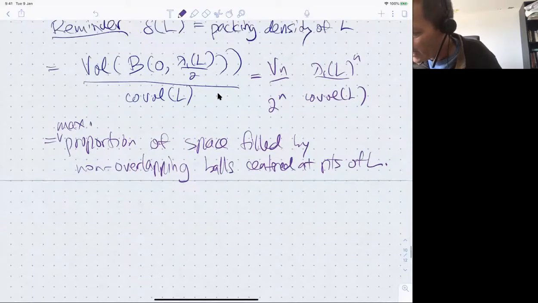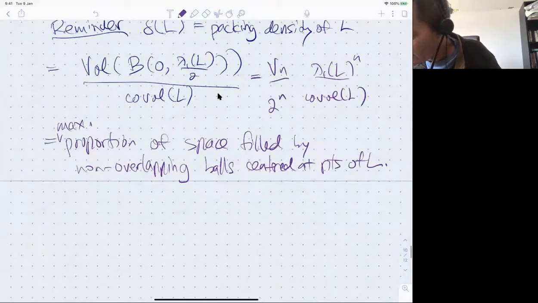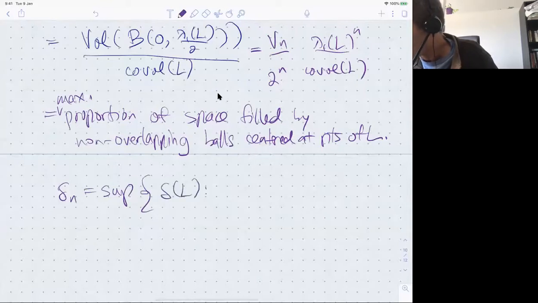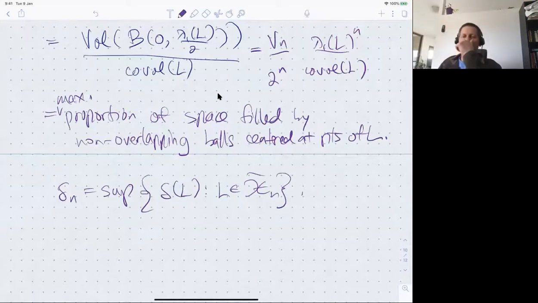And then the quantity that people are very interested in is the number delta n, which is the sup of delta of L over all L. It's the maximum packing density that you can achieve by trying to cover space with a system of balls centered at lattice points.